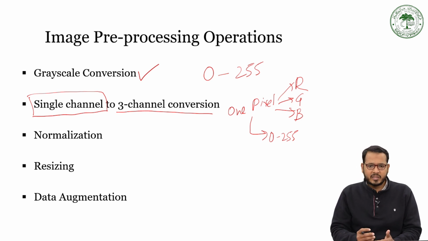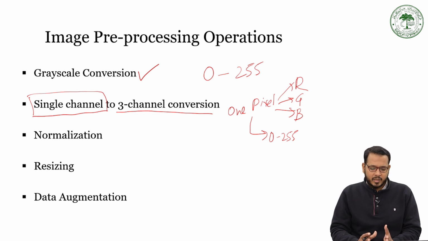Now the result is a grayscale image represented in a color space format, but it will still appear as shades of gray when viewed. The obvious question is why this kind of conversion is required, even if we cannot see the color in that image.